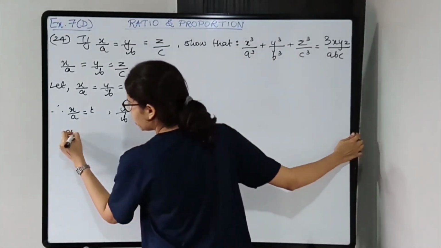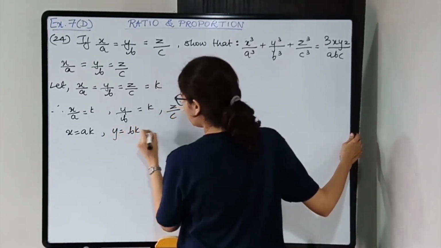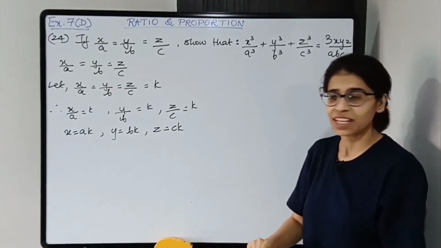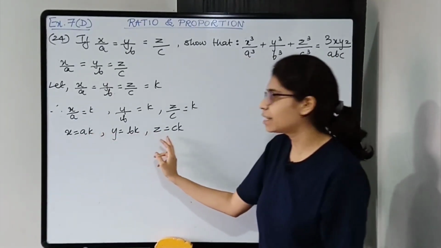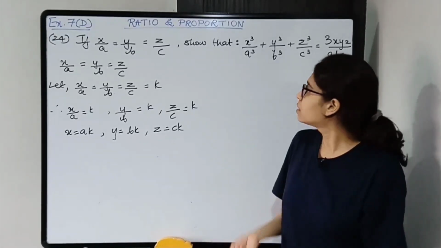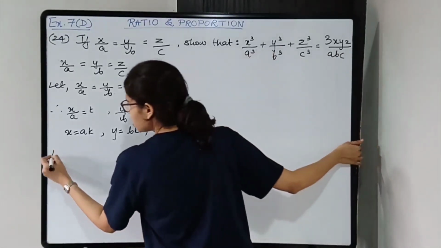So we have x is equal to ak, y is equal to bk, z is equal to ck. Very easy. So wherever we have x, y and z, we will substitute ak, bk, ck respectively. So we will start with LHS first. Let's consider the LHS.